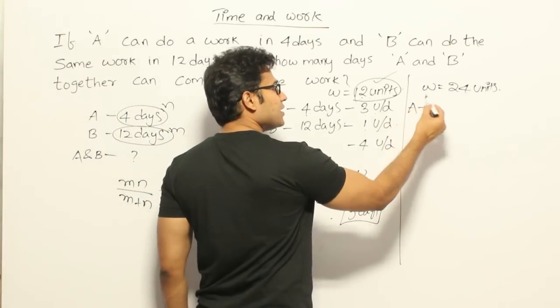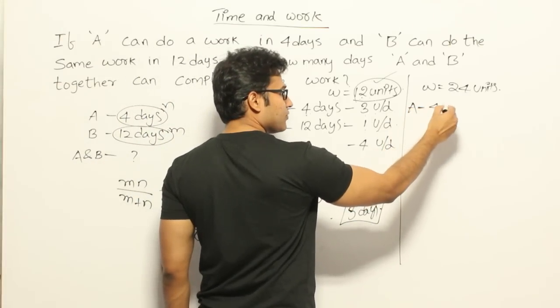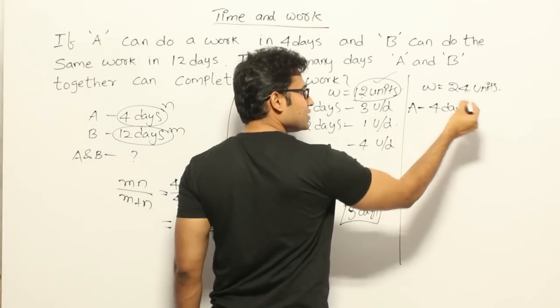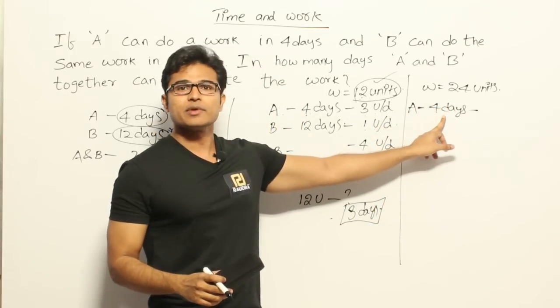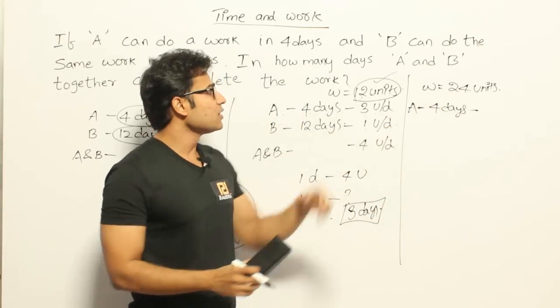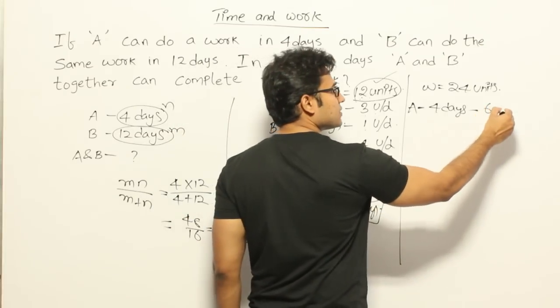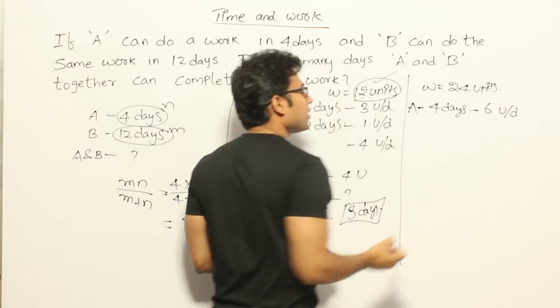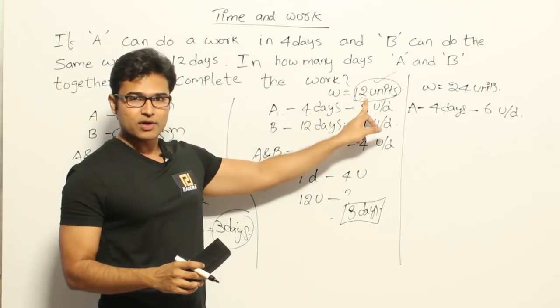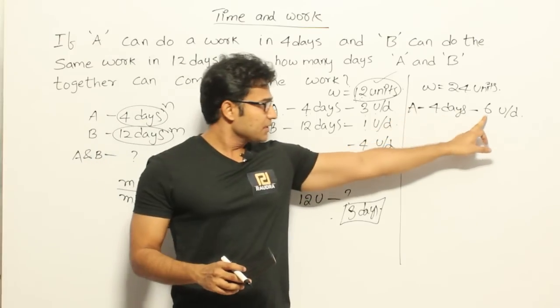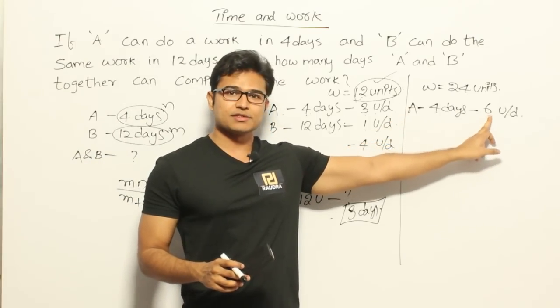Now for A, he can finish the work in 4 days. Therefore what is the rate at which he is working? 24 by 4 units per day, isn't it? So it is going to be 6 units per day. Now if you observe, even though we have doubled the amount of work, the rate has also increased.